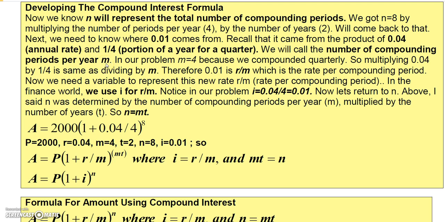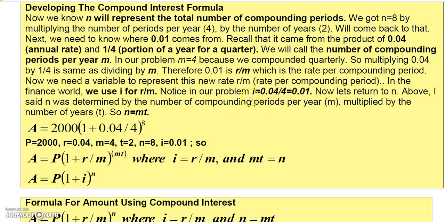Since we're compounding quarterly, we have 4 compounding periods per year. So 0.01 is simply the rate, which is 4%, 0.04, divided by the number of compoundings per year, which is 4. That gives me 0.04 over 4, which is 0.01.